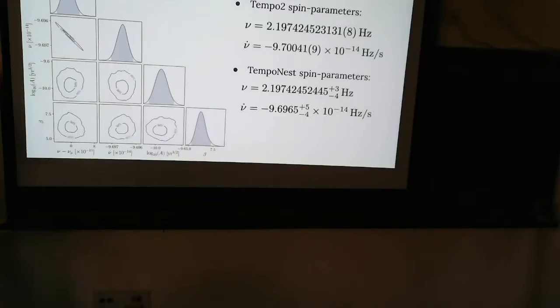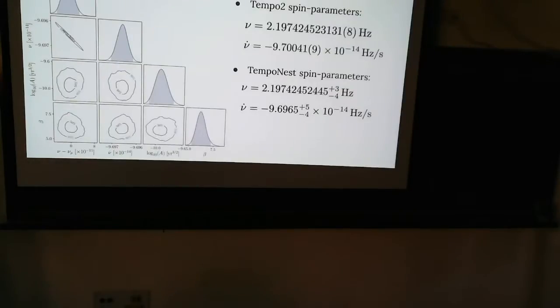So the gist of this plot is that we've run our Temponest analysis, and we get out our measurements from Temponest for the spin and the spin down. Again, the plus and minus values here are just the error on the last digit in these numbers.